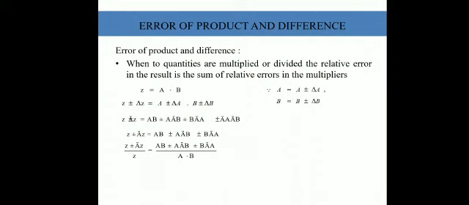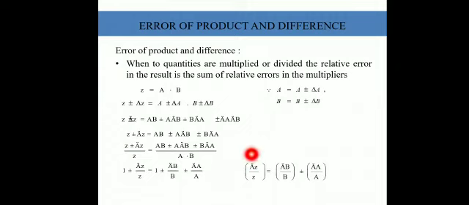When we separate this, we finally end up getting this. So there is a mistake. This should be delta z upon z is equal to plus or minus delta b upon b plus delta a upon a. Like I told you, relative error is delta z divided by z.